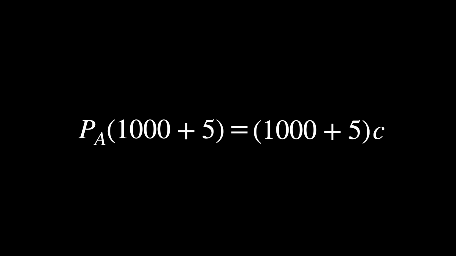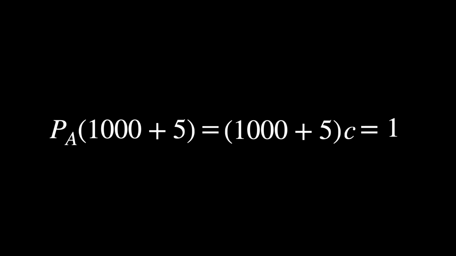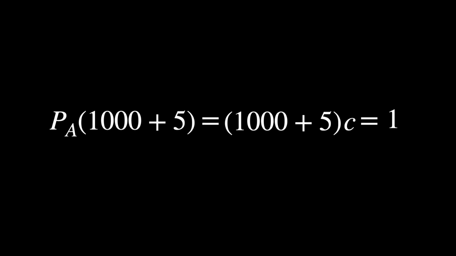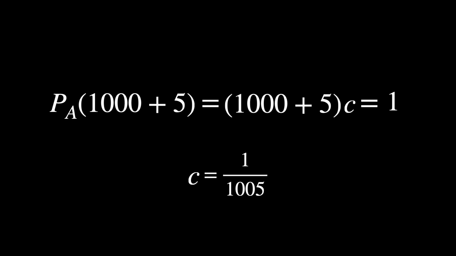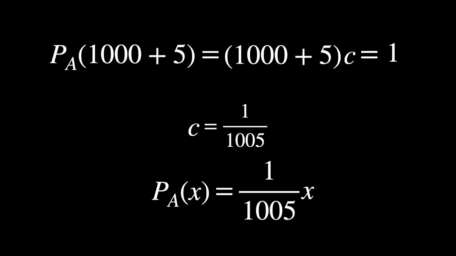So we know PA1005 equals (1000 plus 5) times C, which is also equal to 1. Then we can find out the constant C. In general, the probability of winning the game with X dollars initially can be calculated by this formula.